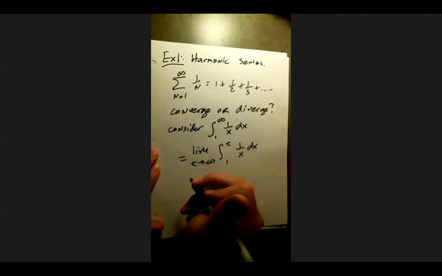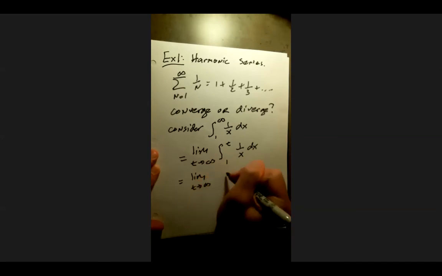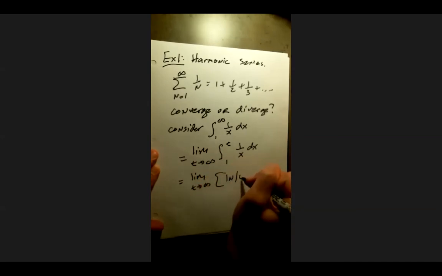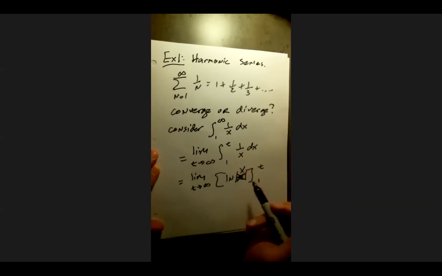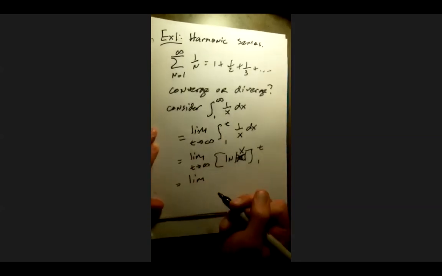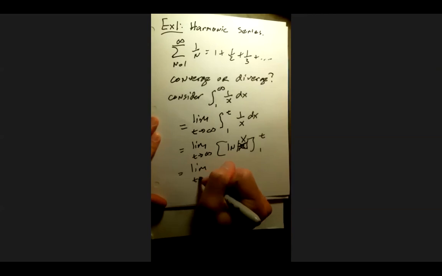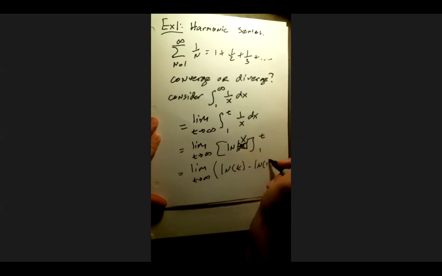So anyway, we evaluate the integral. We get ln of x evaluated from 1 to t, which would be the limit as t goes to infinity of ln of t minus ln of 1.